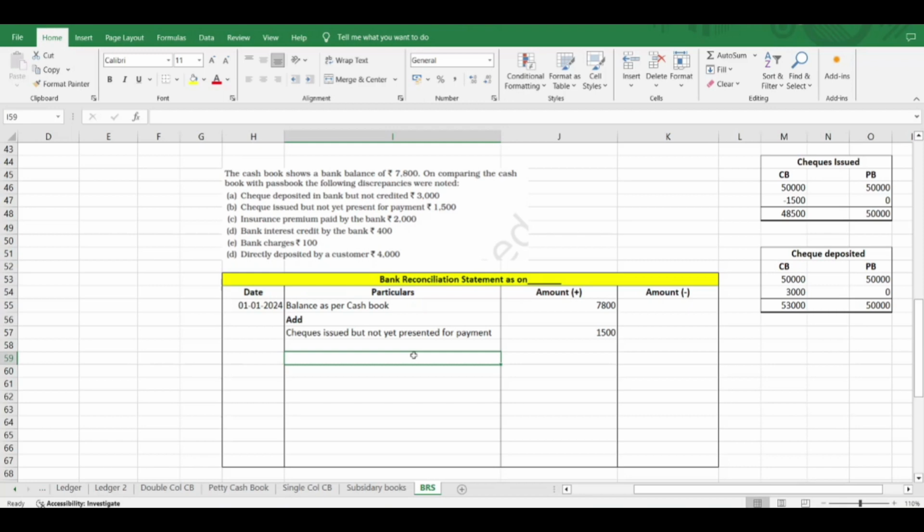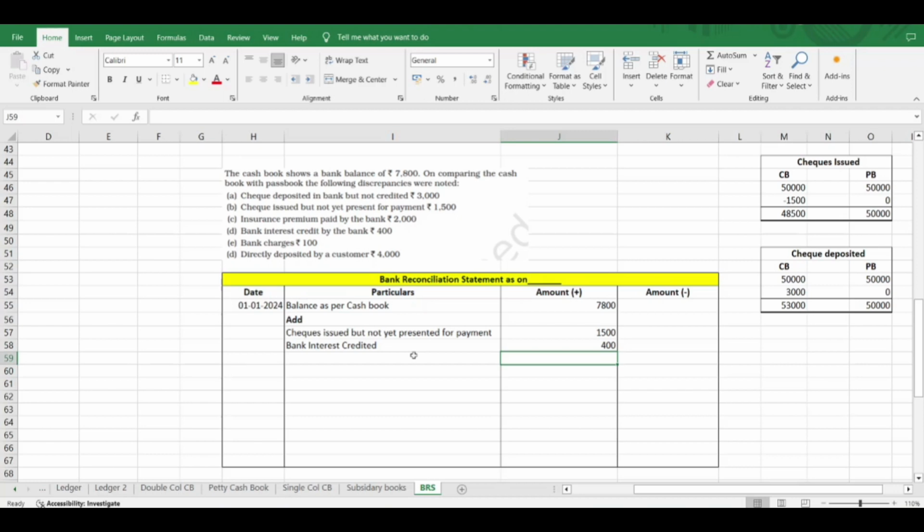So we will record bank interest credited as an addition for our cash book as well, rupees 400. Bank charges are again an expense. They will be deducted, so they will not be considered in our addition.